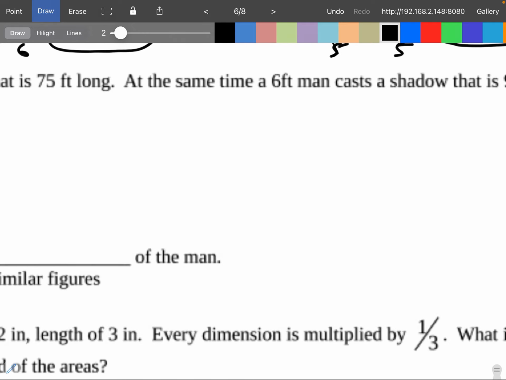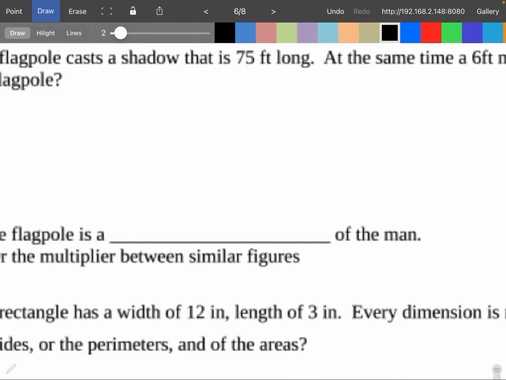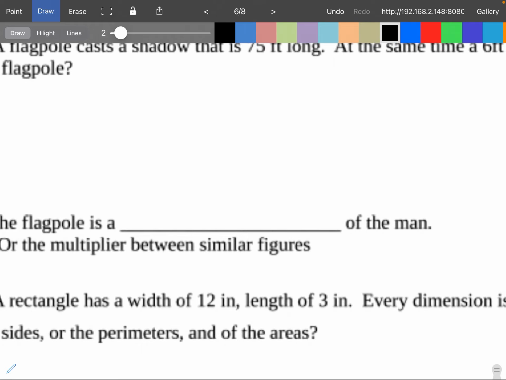All right, I'm going to try to blow this up so I got some room to draw here. So this says a flagpole casts a shadow 75 feet long, and at the same time, a 6-foot man casts a shadow that's 9 feet long. So let me try to draw you a picture of this. So what you have here is you have the sun.